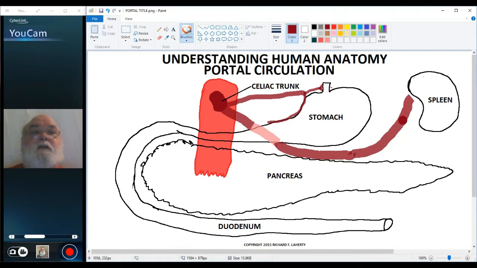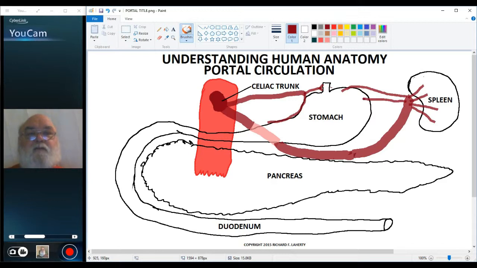Okay, it's called the splenic artery because it does supply the spleen. Now, the splenic artery gives off branches into the spleen itself, as one would guess from its name, but it also has branches coming over to the stomach.